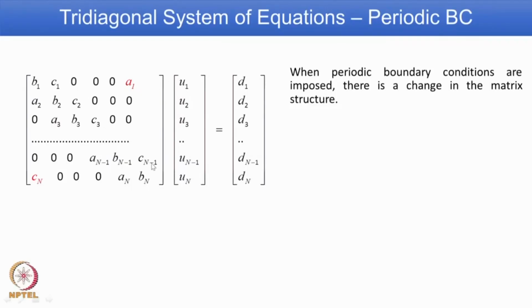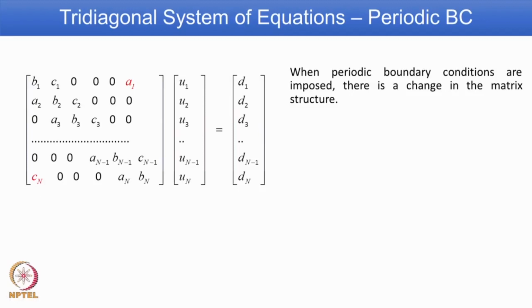The tridiagonal matrix gets slightly modified as shown here. The main diagonal, subdiagonal and superdiagonal are the same. Now, in the first row we have one more element added in the last column, as shown here as A1. Similarly, the last value in the first column gets altered by the periodic boundary condition, and it is shown here as C_n.